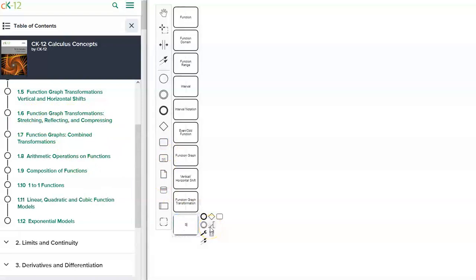So what do we need to do? We're going to need to stretch. And we might circle back to this. We need to reflect. And then we'll need to compress.